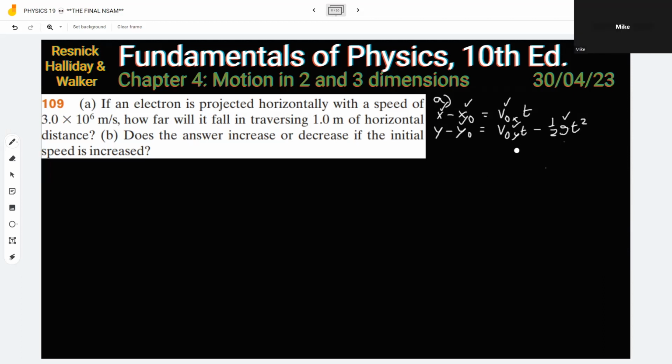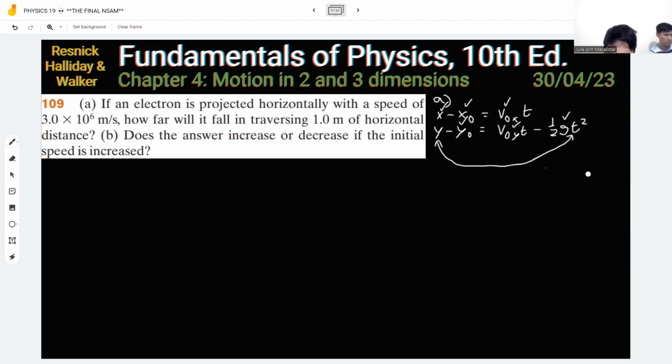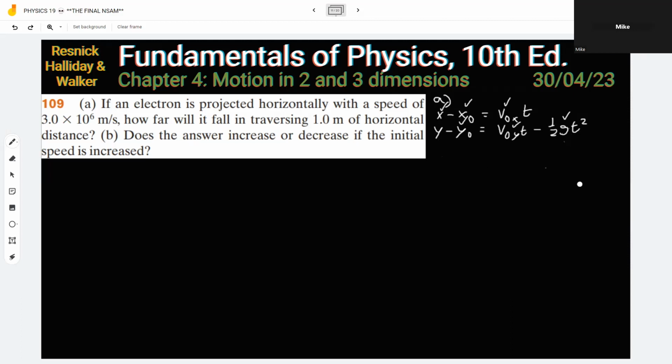So, okay, can you get the time of flight? Ito lang po yung variable dun, yung y saka t. Okay, so using the first equation, can you get the time na magta-travel yung particle to the wall? Yes. And then from there, get the y.